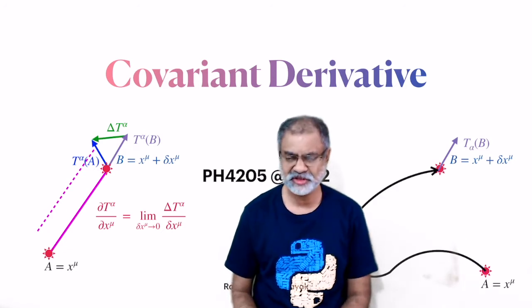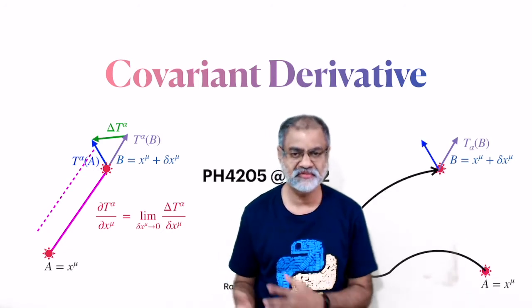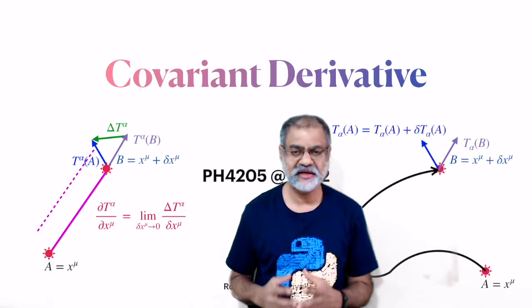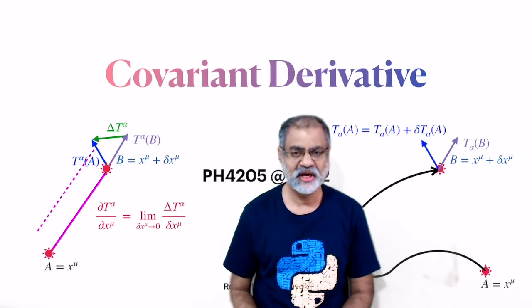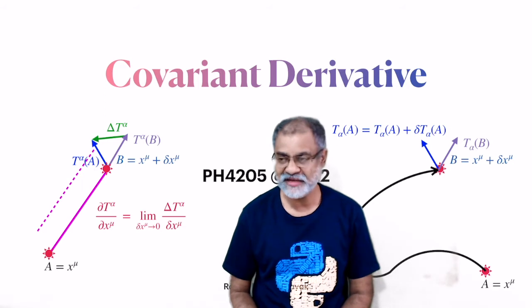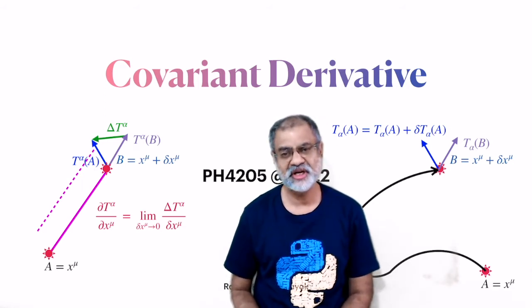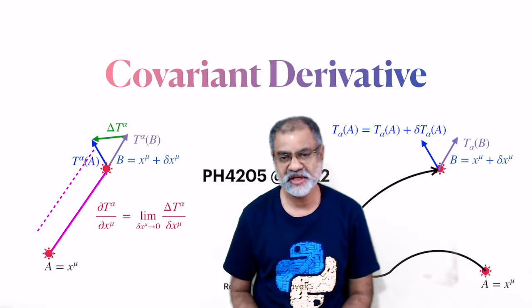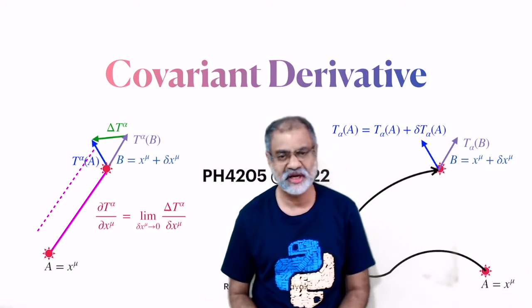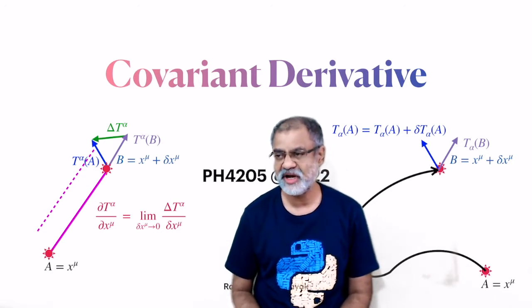Now parallel transport means you transport the vector along any curve from A to B and retain the orientation of your T alpha with respect to the tangent of the curve. Now you see that this transport acquires an additional component or small change because you have taken it along a wiggly curve, and that is what we call delta.